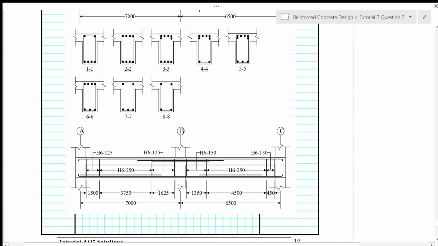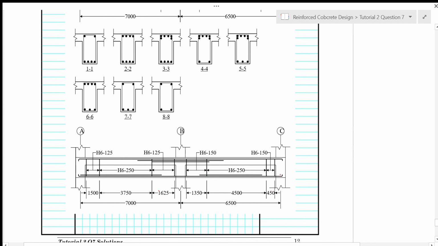The shear reinforcement is starting from the edge of the support. So we need 1.4 meters here to have H6 at spacing of 150, but if we measure from the edge of the support, we need only approximately 1350. So we put H6 at spacing of 150 up to 1350 from the edge of the support, and then the rest we can put H6 at 250 spacing.